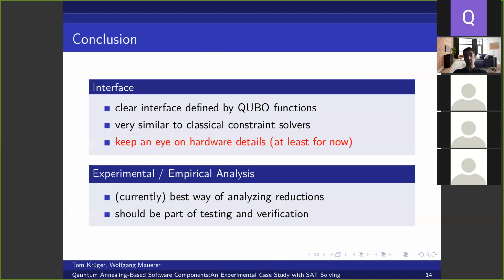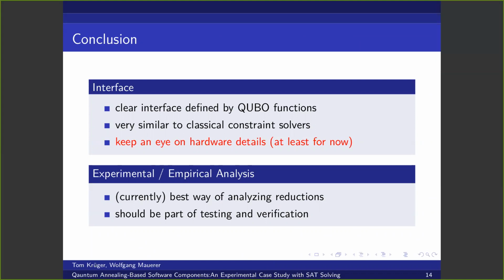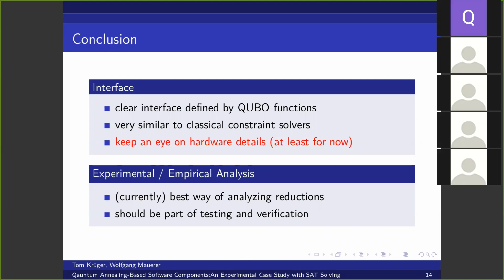Then to get to a conclusion: from an interface standpoint, we have a clear interface to our quantum annealing software components, and it is very easy to swap out quantum annealing software components and classical constraint solvers, because they have such similar interfaces.